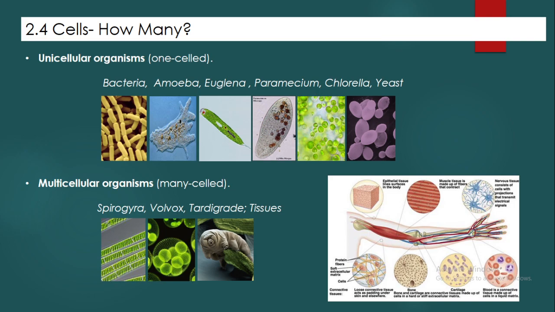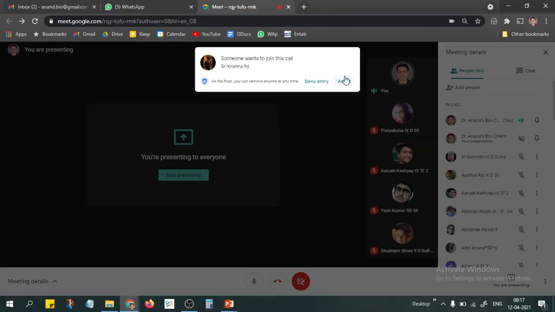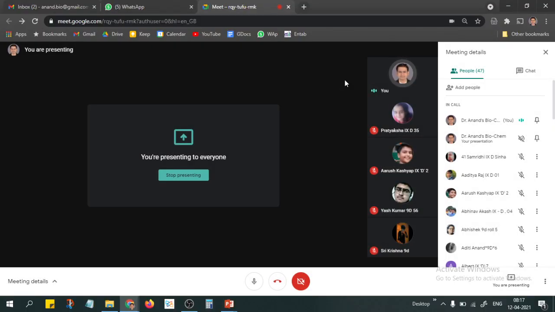How many cells? Okay, that is a question, because living organisms may be single cell organisms, or they may have multiple cells.